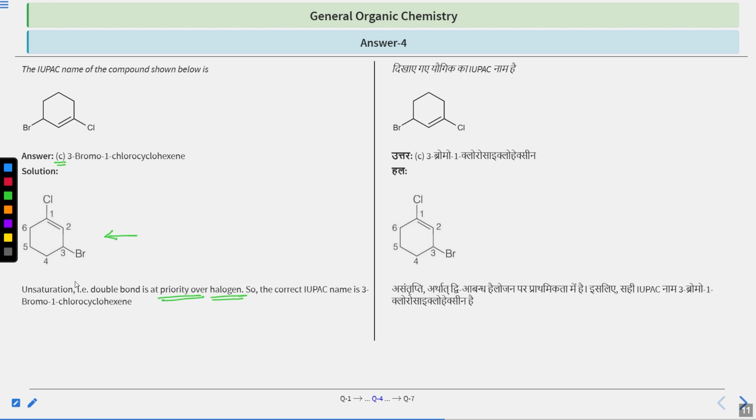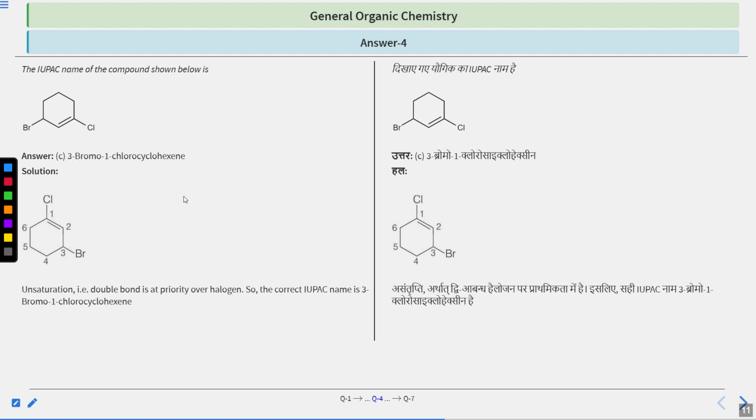So the correct IUPAC name for the given compound will be 3-bromo-1-chlorocyclohexene. Naming will be alphabetical, so B will come first, C will come later. That's why 3-bromo-1-chlorocyclohexene. And thus option C is the correct answer.